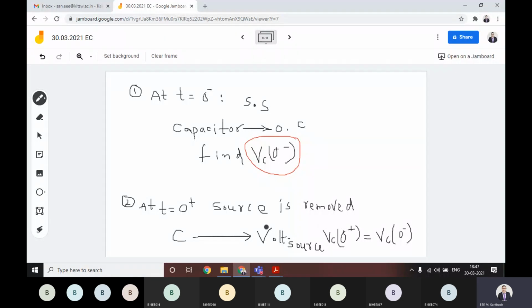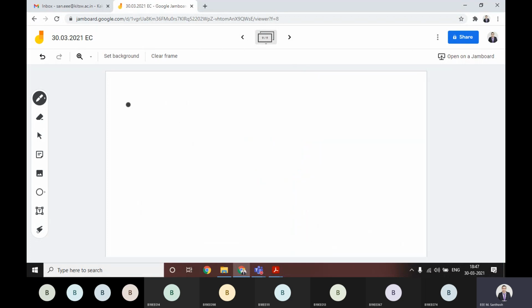Then in the third stage, for t greater than 0, the capacitor must be replaced by the equivalent circuit.